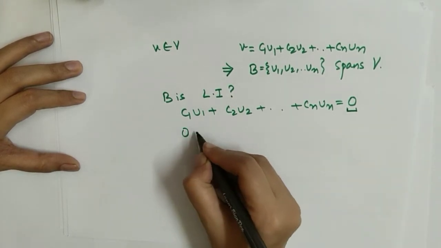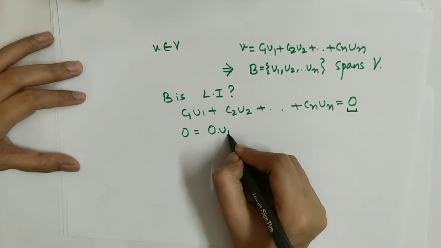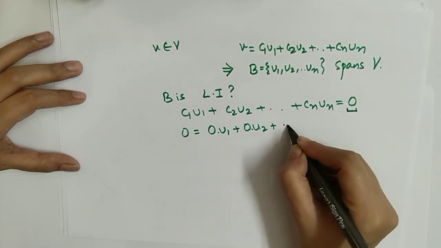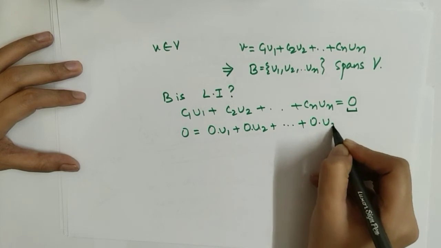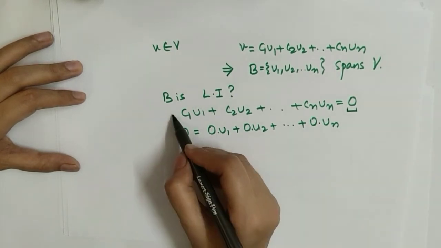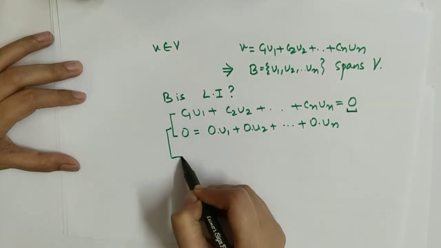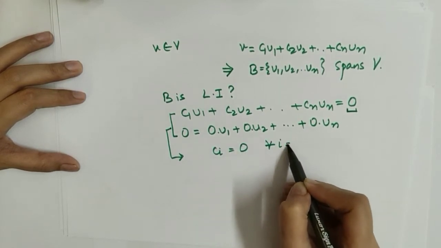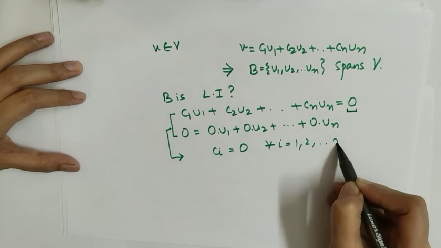But 0 can also be written as 0 times U1 plus 0 times U2 plus 0 times Un. And since the representation has to be unique, this implies that Ci is equal to 0 for every i going from 1 to n.